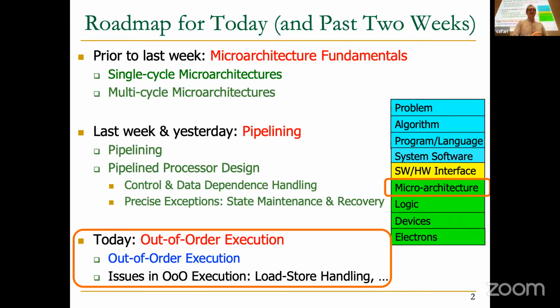Okay, so this is where we are. Basically, we've covered a lot of pipelining and precise exceptions. Yesterday, we set up for today. We talked about register renaming, the registers from the architectural register space to a microarchitectural namespace, which we called the reorder buffer yesterday. Today, we're going to use that concept, and we're going to finish out-of-order execution, hopefully. And I will release a premiere of load store handling.